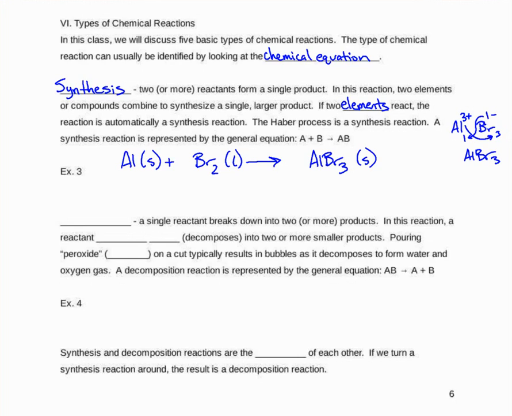We now have our skeleton equation. This is where we can start balancing the equation because the skeleton equation was step 1. So I'm going to stick with the system that I've been showing you. Counting up my atoms. For the aluminum, there is 1 in the reactants, there is 1 in the products.